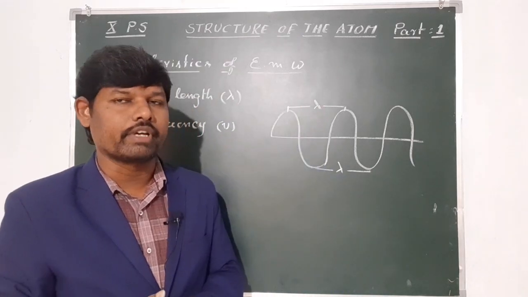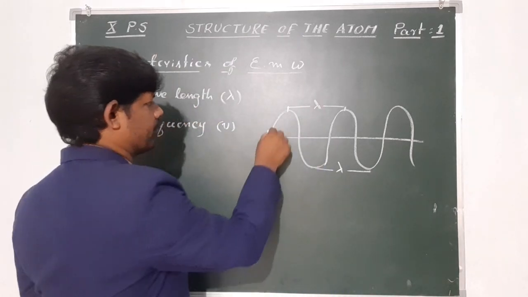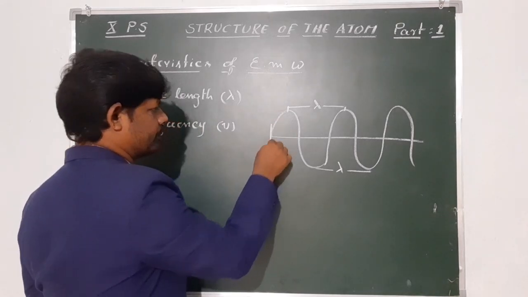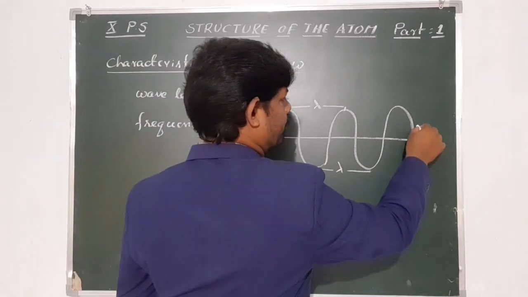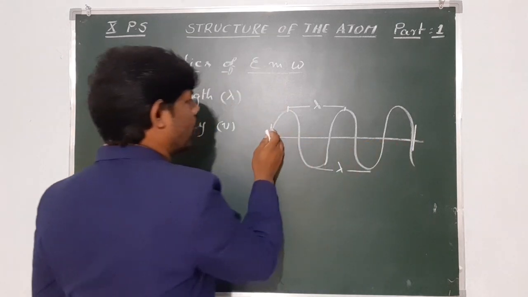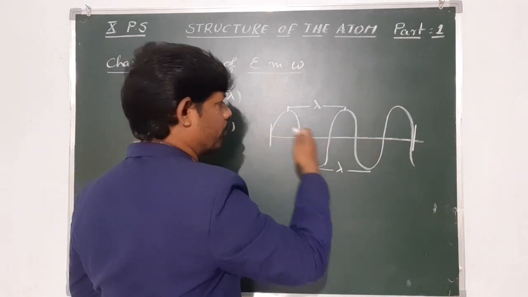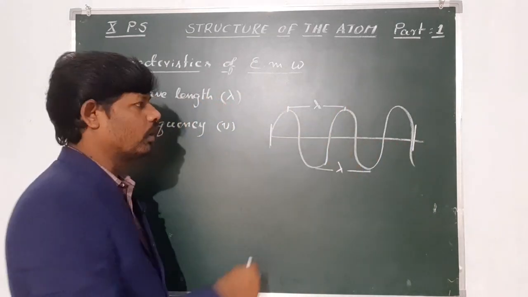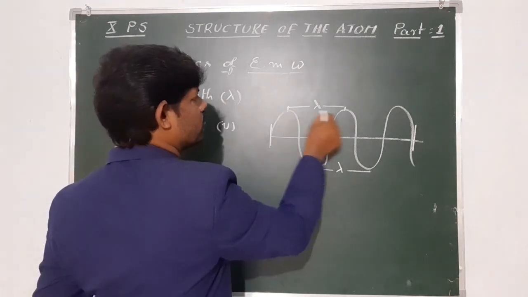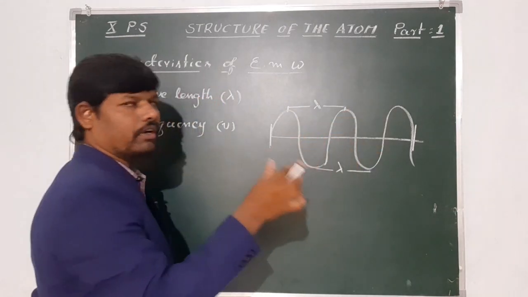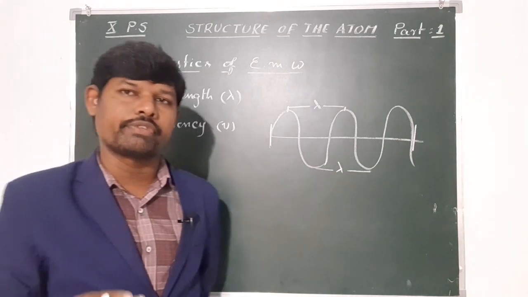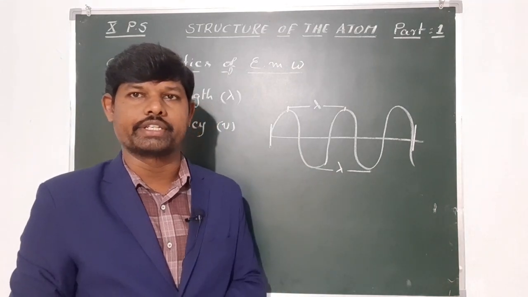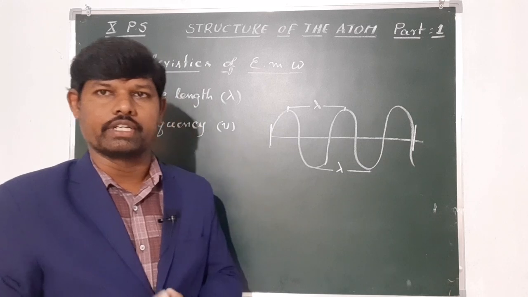Then what is frequency? Frequency is the number of peaks produced per unit time at a given point. Here: 1, 2, 3. So the number of peaks produced per unit time at a given point is called frequency.